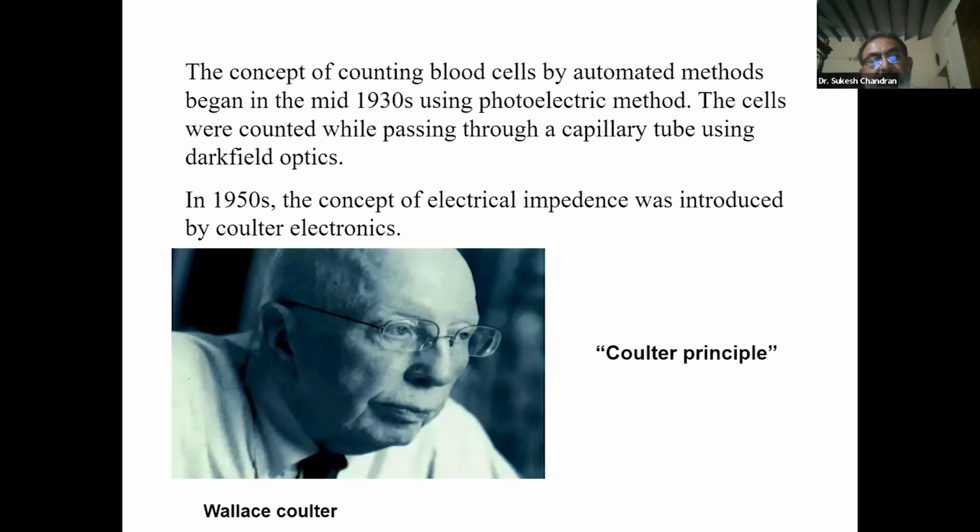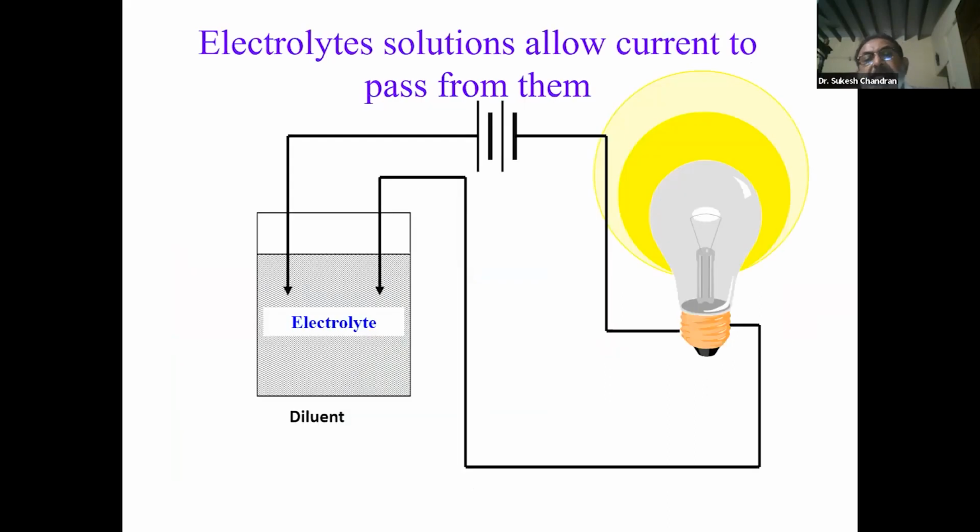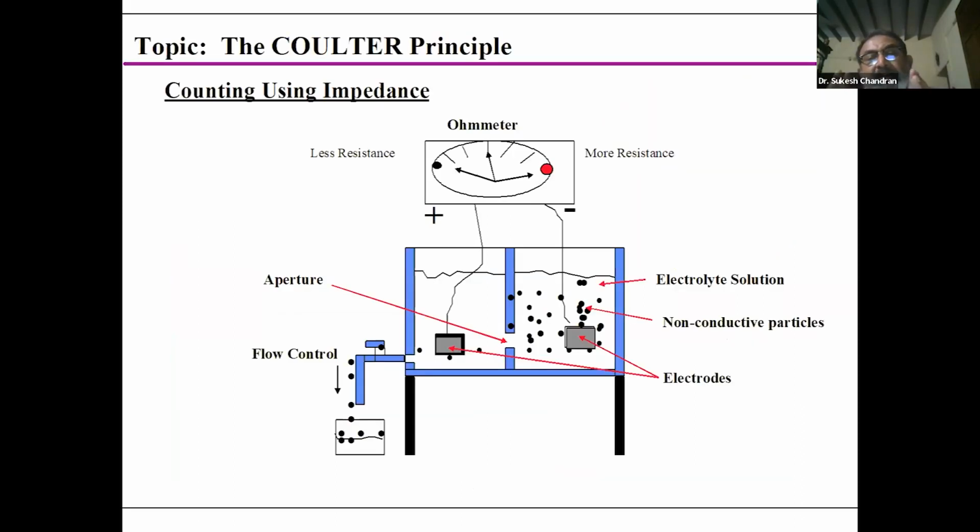I depend on the invention this great guy made, Wallace Coulter. He gave us the Coulter principle, which is based on the simple fact that water conducts electricity. Now, if you divide the water container into two chambers, and in the middle you put a division with a small aperture in it, and you pour water into the right-hand chamber and open the tap, then when the fluid flows, all the non-conductive particles, when they pass through the aperture, start creating resistance because these are non-conductive particles.